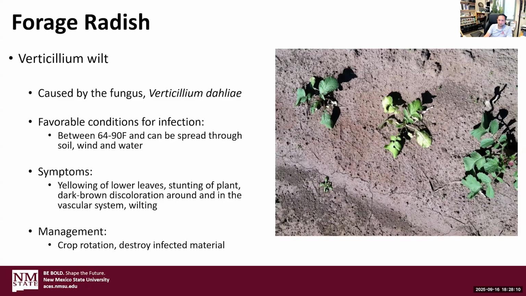Some of the symptoms of infection, like in this picture in the middle section, are wilting of the lower leaves and stunting of the plant. You get a dark brown discoloration around and in the vascular system. If you pull that plant up and open the vascular system, you'll see dark brown compared to healthy white tissue. For management, crop rotation, and just destroy infected material.